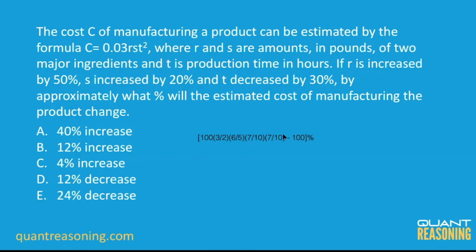So let's start solving. I do have two factors of 10 in the denominators there, which we could reduce with a factor of 100. And it looks like what we're left with there is, in the numerator, 3 times 6 times 49. Right? The two sevens is 49.